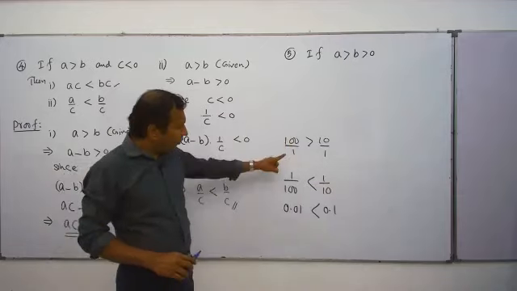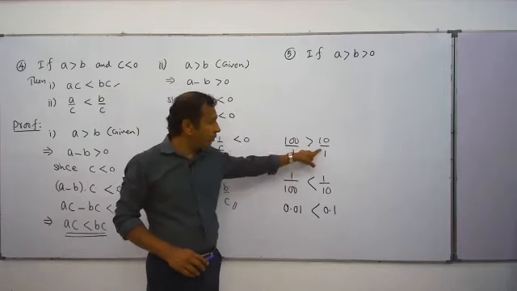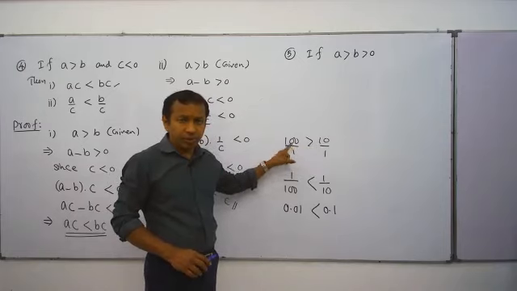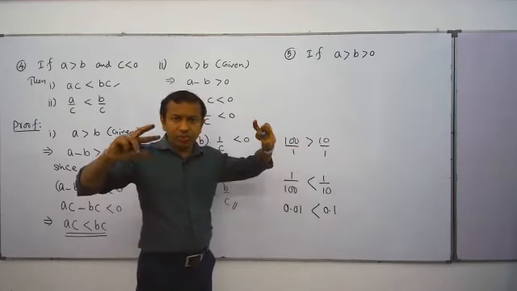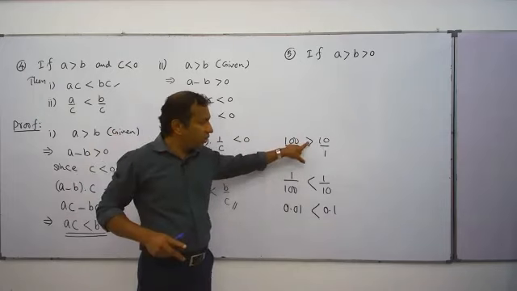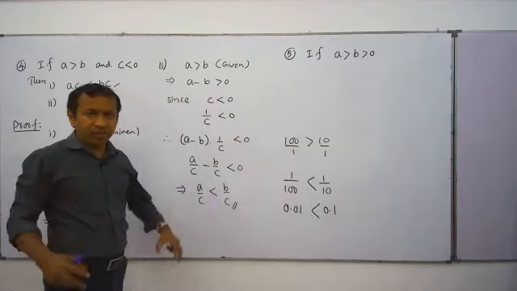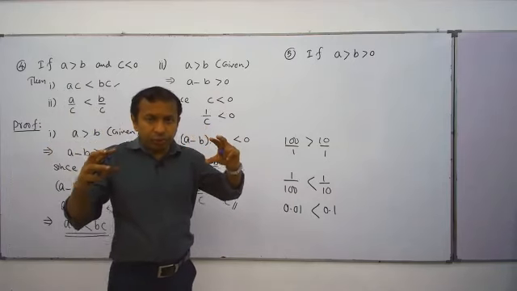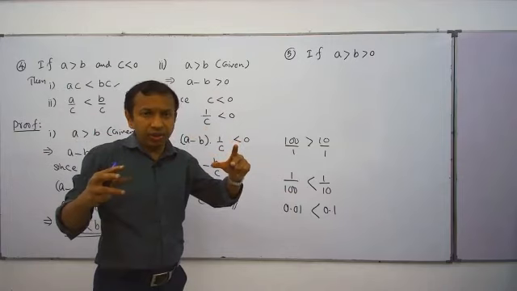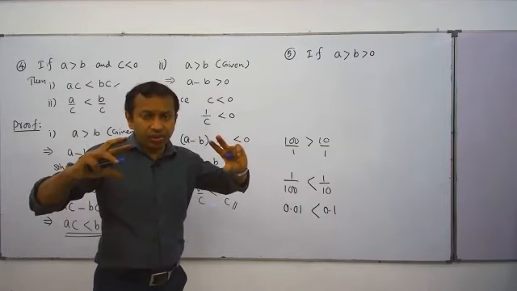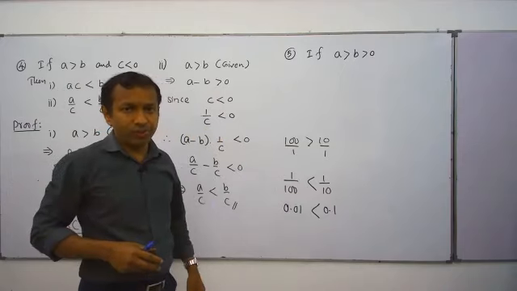What do you understand by this, people? If we have two positive real numbers which relate by this, 100 positive, 10 positive, 100 greater than 10, when you take reciprocal, the direction gets the other way opposite. That's what it says. When we have two positive real numbers related by a particular inequality, then once you take the reciprocal, the direction of the inequality sign gets opposite.